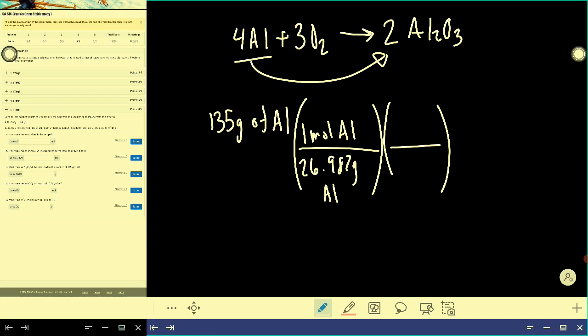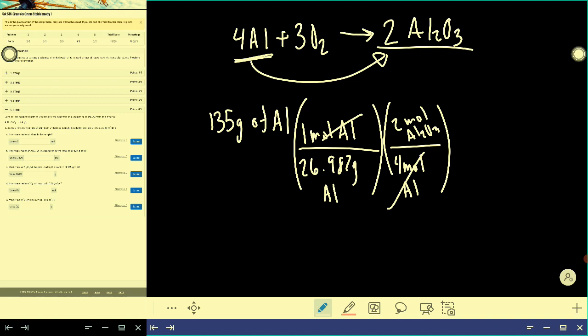So I know when I have 4 moles of aluminum, because of that coefficient, I'm actually going to have 2 moles of aluminum oxide. All right, so that was B. How many aluminums to how much aluminum oxide?